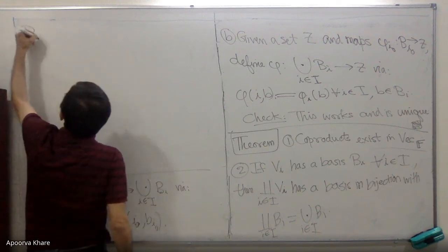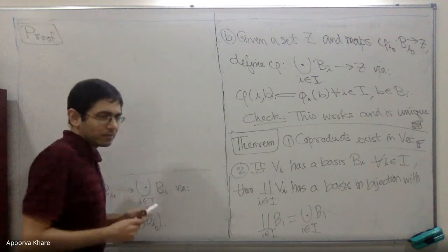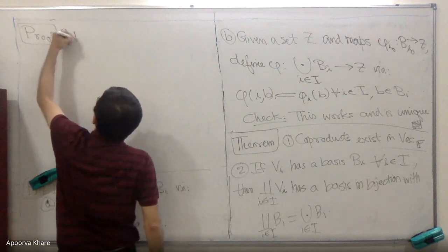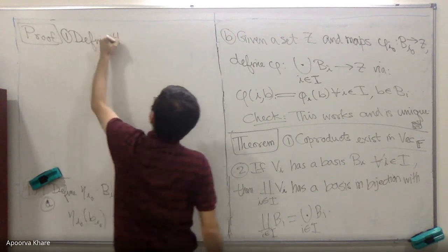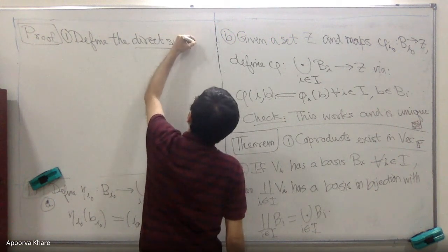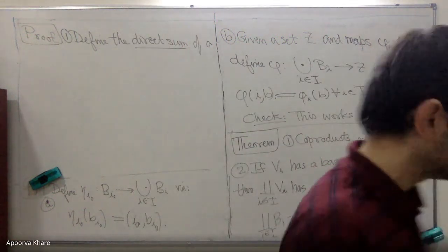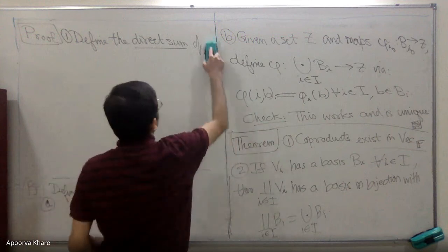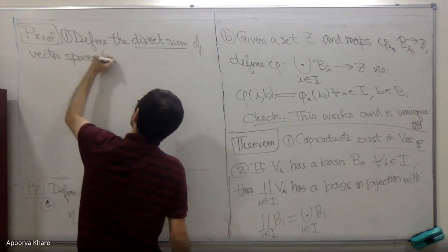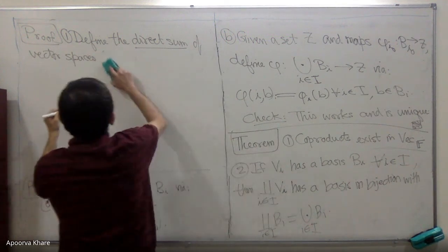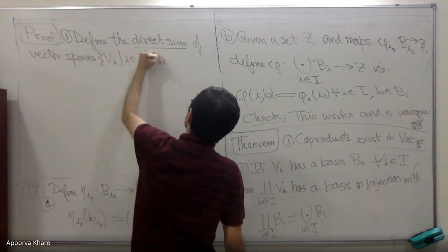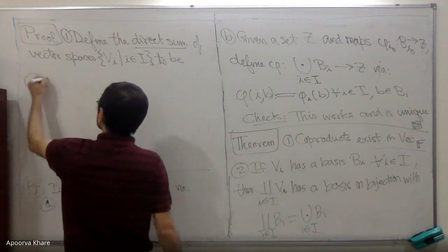So proof. Every time I say proof, I'm sort of leaving something to you, to verify that something is unique. So let's start with one. Define the direct sum of a collection of vector spaces V_i, i in I, to V. It is denoted by this thing.